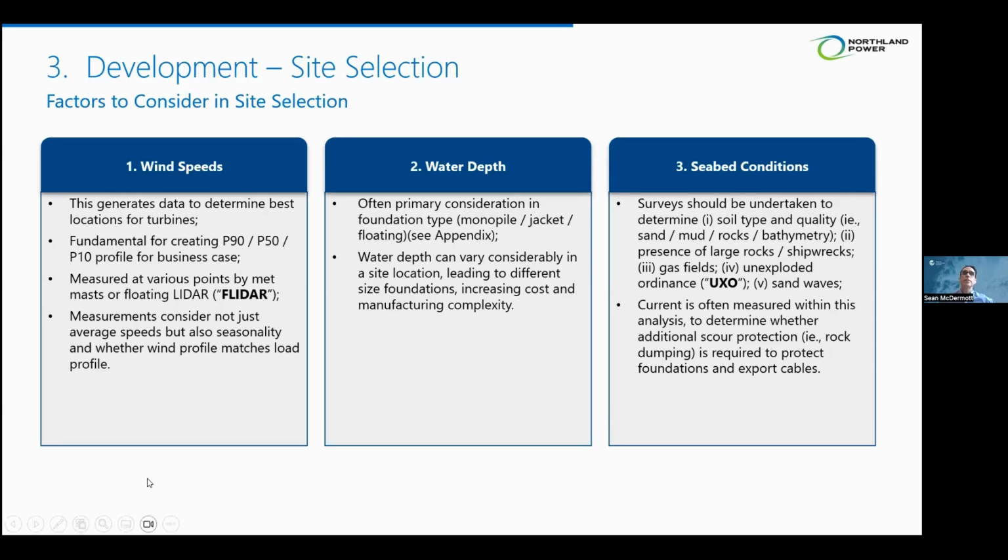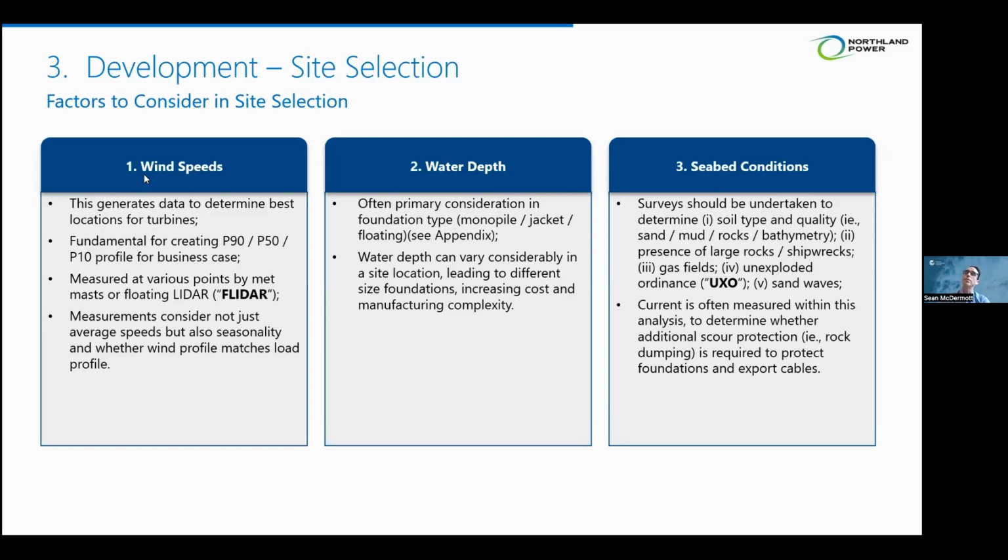Water depth. The water depth topic is really important around determining what kind of foundation you'll use. Historically, monopiles have been used in the shallowest water depths, say up to 30, maybe 40 meters.